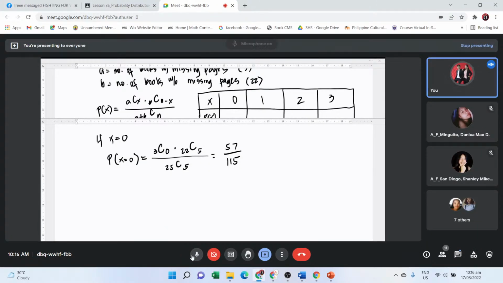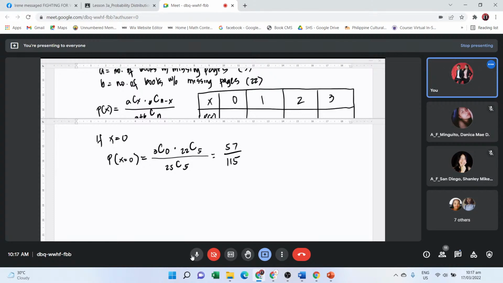Wait lang ha. I will compute. So that will be 3 combination 0. For combination, you press shift and then the division key, and you will see above it is nCr. So that is what you will use. Please use your scientific calculator.